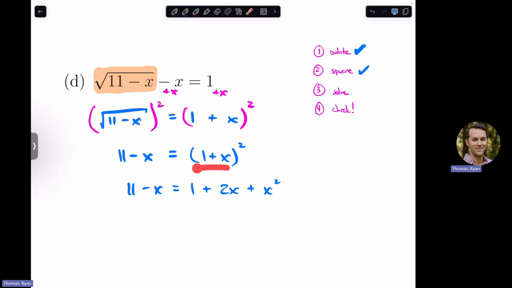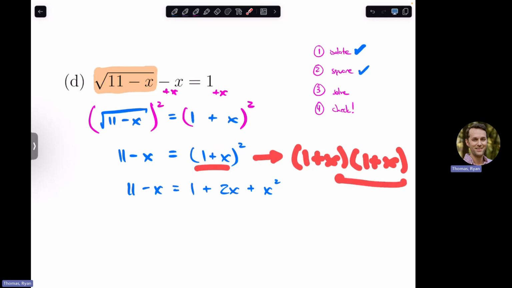Squaring a binomial means multiply it by itself; you expand everything, you get that.